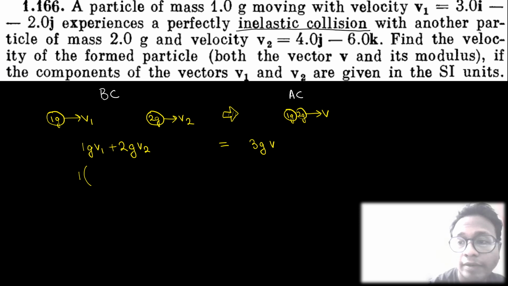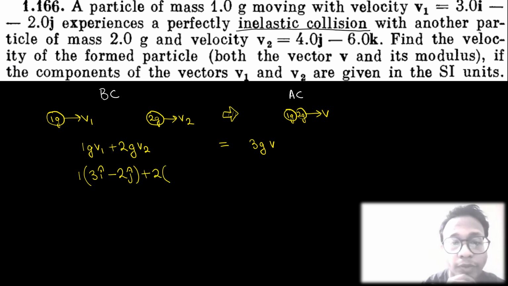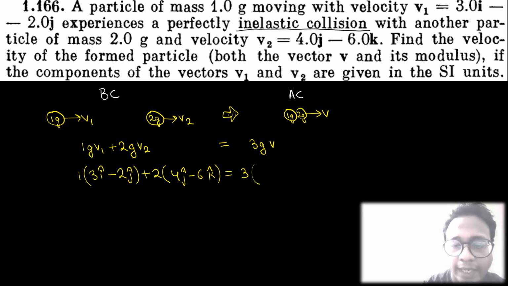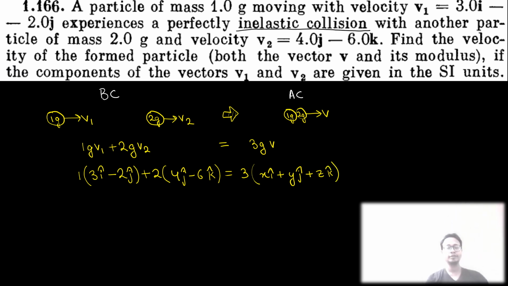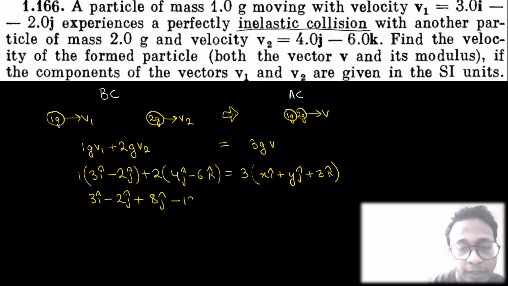Now substitute the vectors. v1 is 3i minus 2j, plus 2 gram into v2, which is 4j minus 6k, equals 3 gram into the final velocity. Let this velocity be xi plus yj plus zk; I don't know the values of x, y and z. Solving, 3i minus 2j plus 8j minus 12k.